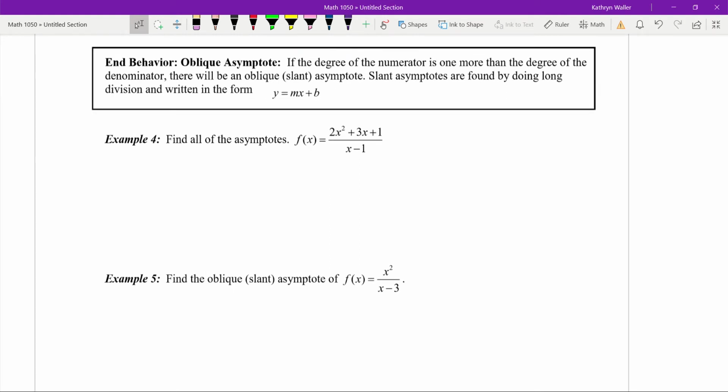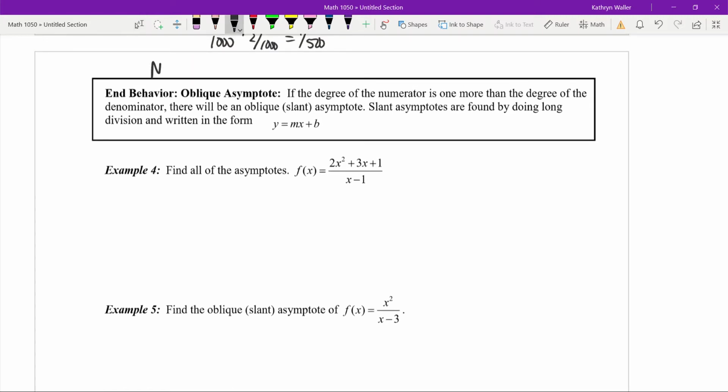Okay, find an oblique. If the top exponent is bigger than the bottom, then the non-vertical asymptote is an oblique. Everybody write non-vertical asymptote. If it's not a horizontal, then it's oblique. Here's what you do. You divide.